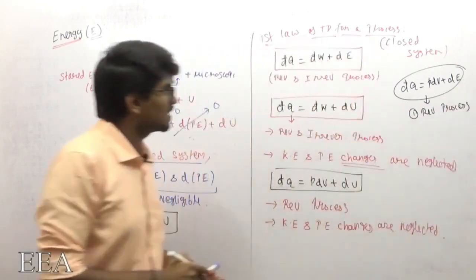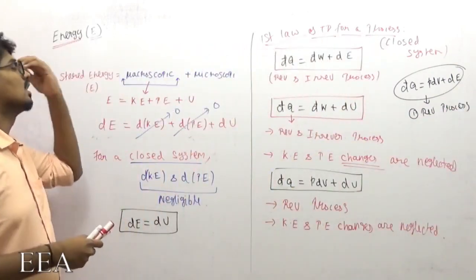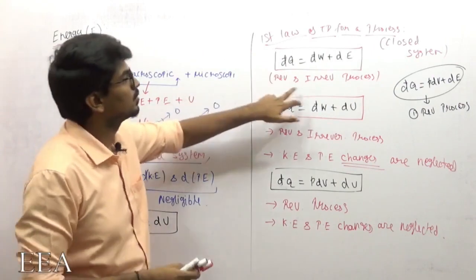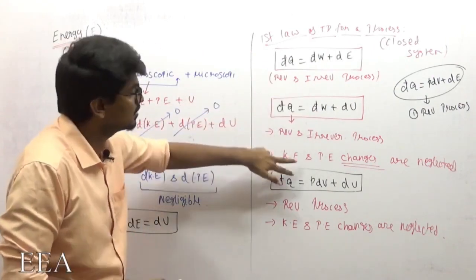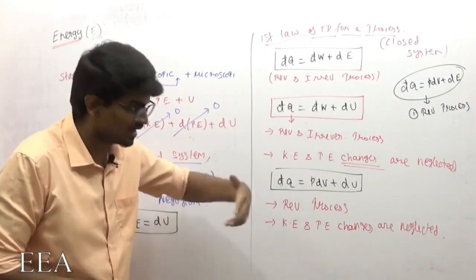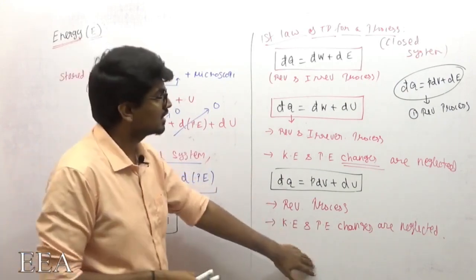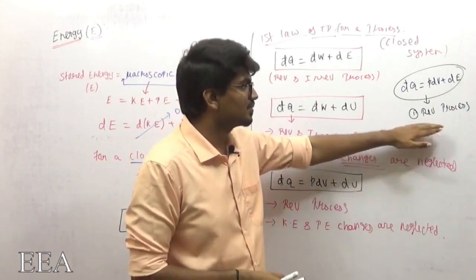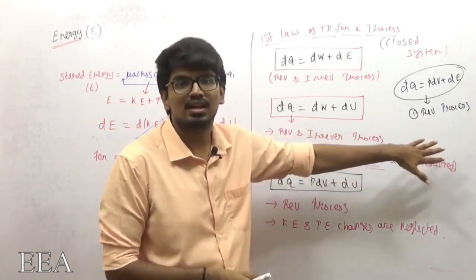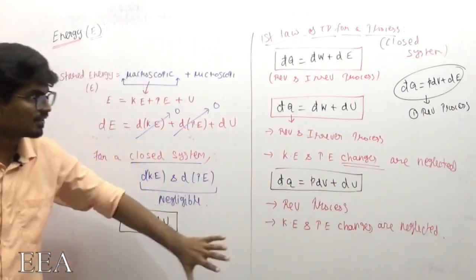All the equations are applicable for closed systems. But this first equation is applicable for both reversible and irreversible. Second, reversible or irreversible, with kinetic energy and potential energy changes neglected. Third, only reversible, with kinetic energy and potential energy changes neglected. Fourth, reversible only, where I am not neglecting the changes in kinetic energy and potential energy. Very, very important.